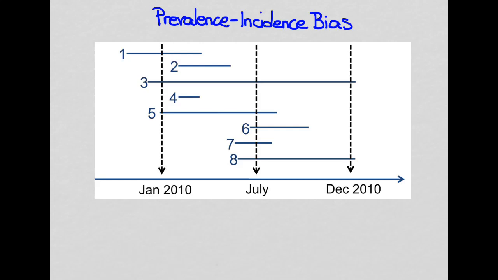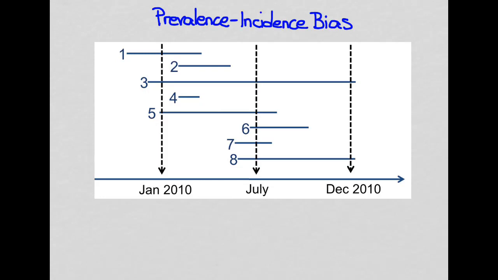So the issue with the cross-sectional study and using prevalence data, again, is that the prevalent cases include the long-term survivors, and they may exclude some of the most serious cases, the people that get the disease and die very quickly.